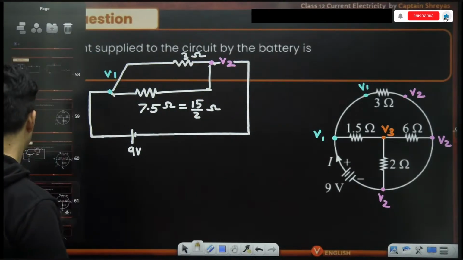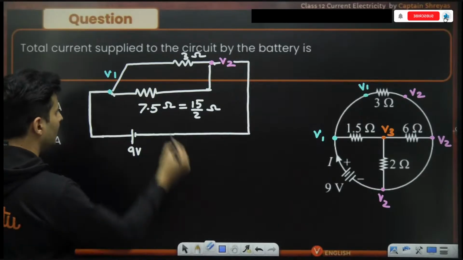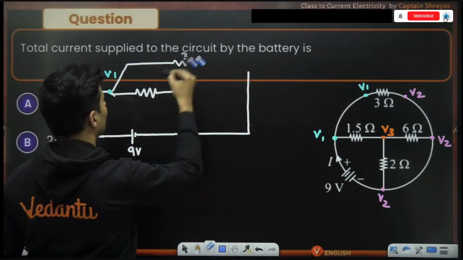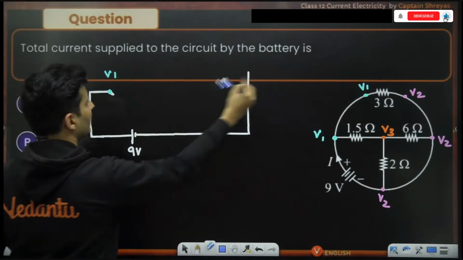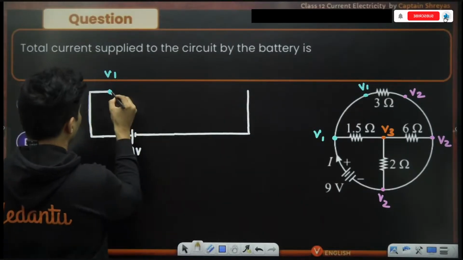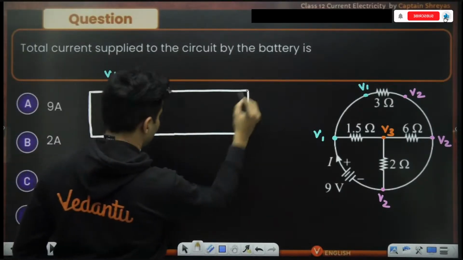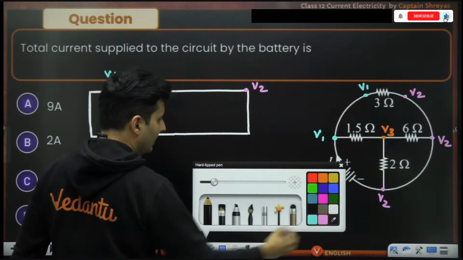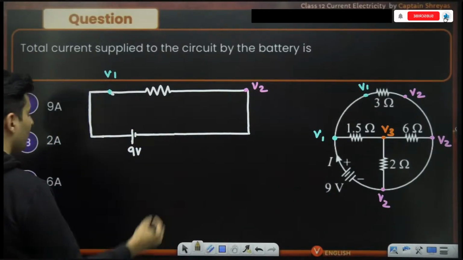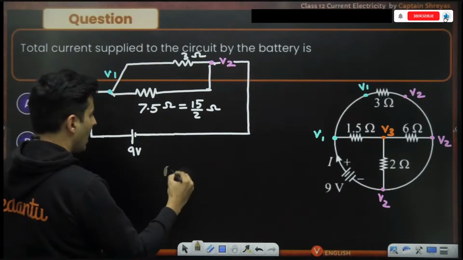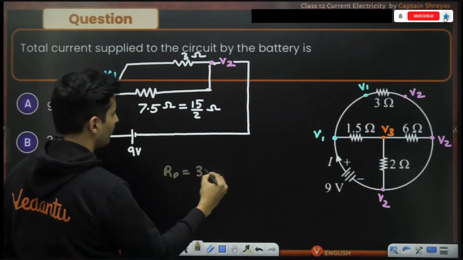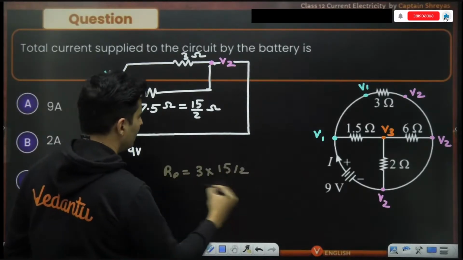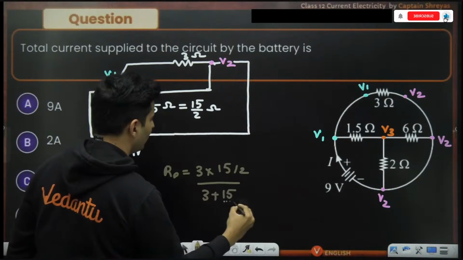When you combine these two together, you will get a single resistance over here. This is V1 and this is V2. How much will that resistance be? Since they are in parallel, Rp will be R1 into R2 divided by R1 plus R2.